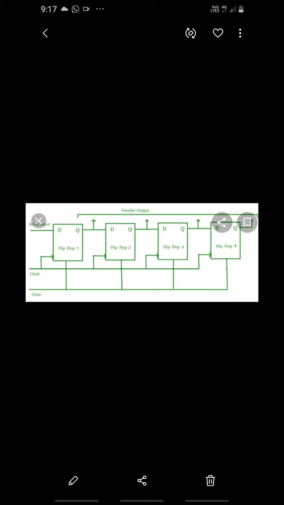The Q0 output of the first flip-flop is connected to the D1 input of the second flip-flop.